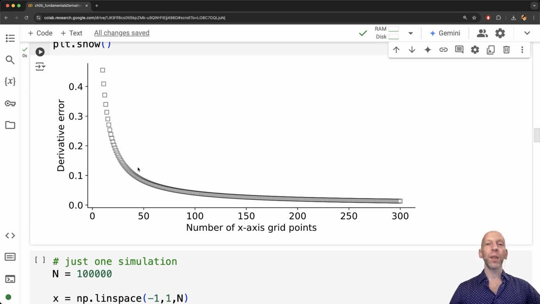That becomes really important for applications of calculus when you have data or functions that are not characterized by a mathematical formula, but instead you just have a collection of data points that you measure or evaluate. Okay, very good.